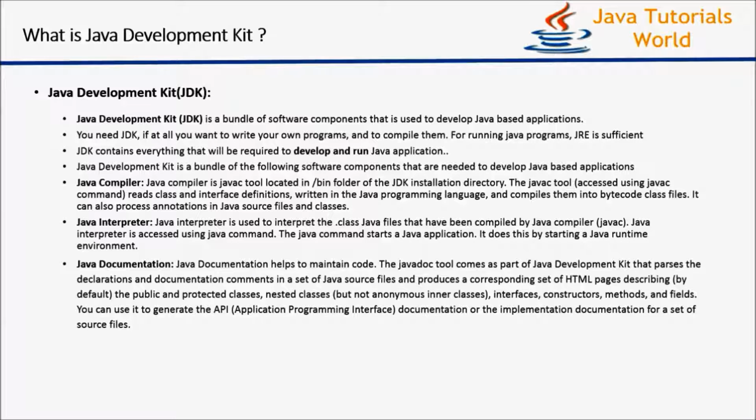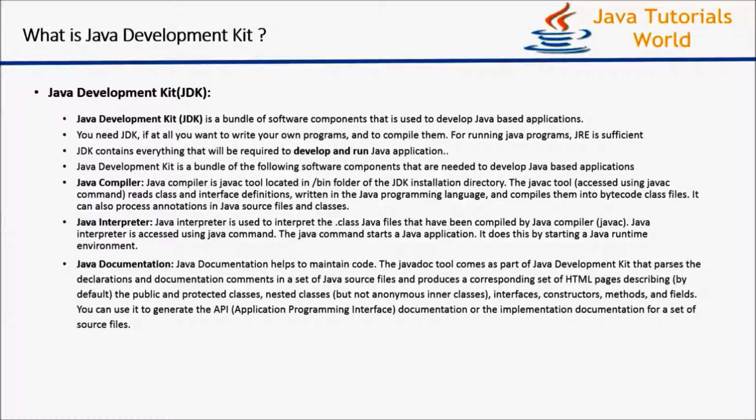The next tool, which is part of JDK, is Java documentation. This tool helps us to maintain the code. Whatever comments we write inside the Java source file, the documentation tool parses that information and generates the corresponding HTML file.